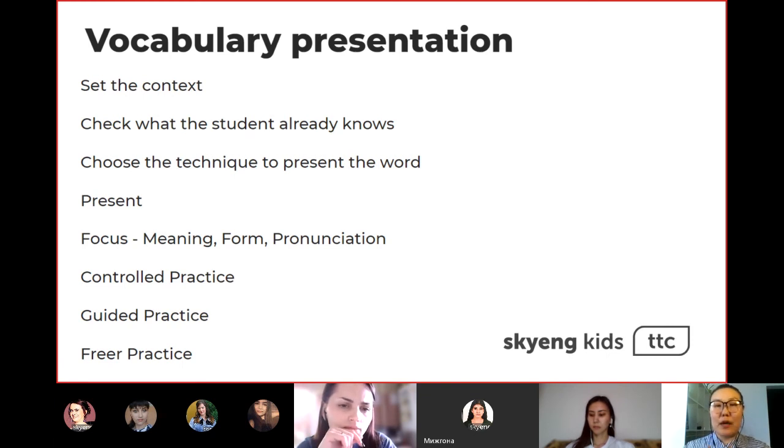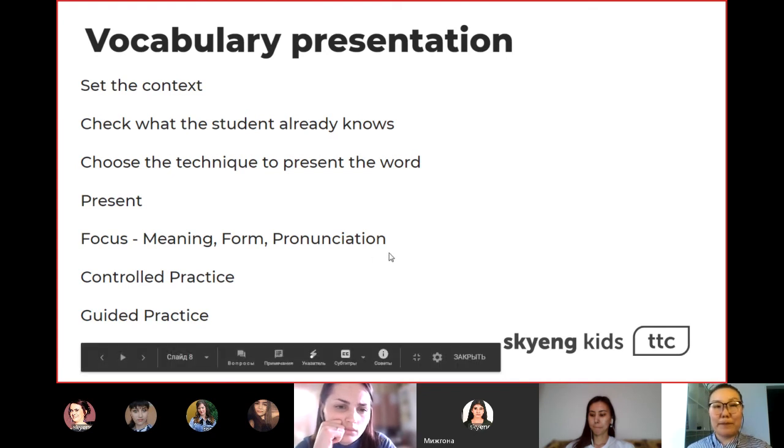Freer practice is always about speaking. Again, here we don't provide our students with any grammar structures or vocabulary, but we set a situation that will make our student use target material, grammar or vocabulary.